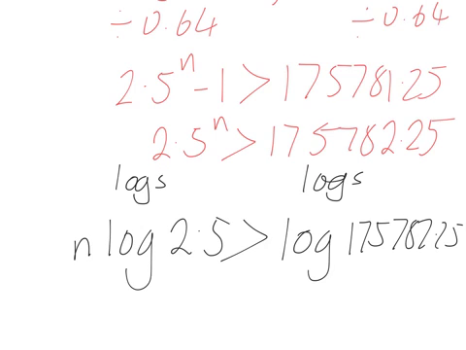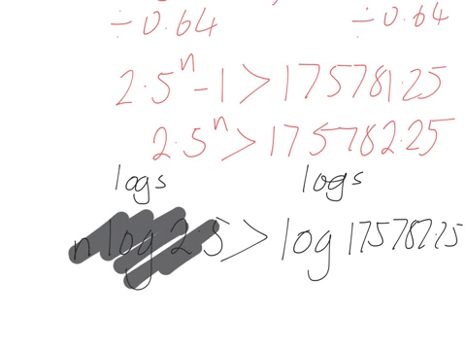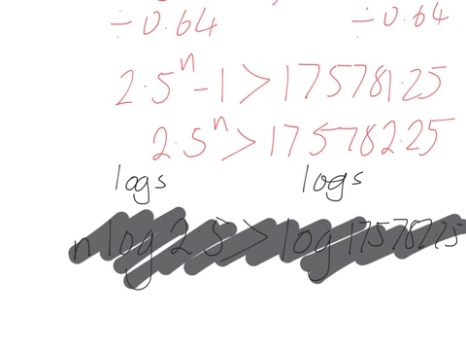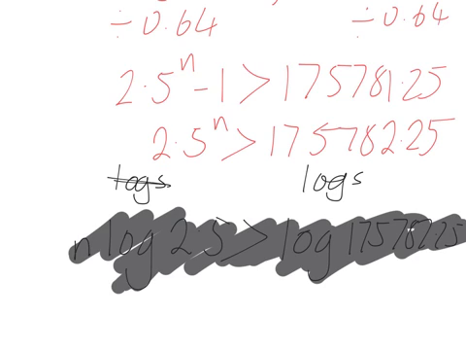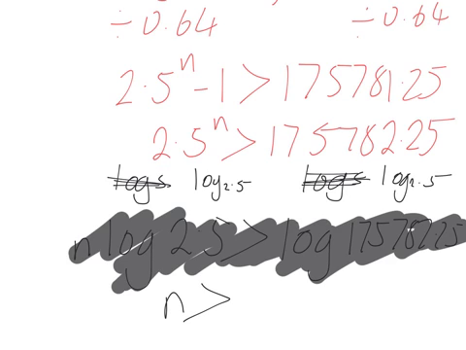You know what, actually, I'm going to scratch that. That's me being old-fashioned there, from the days where I wouldn't have been able to do log base 2.5. So let's do it as people would do it in the 21st century. Log base 2.5 on both sides. So we take logs of both sides and I get n is greater than or equal to 13.18.